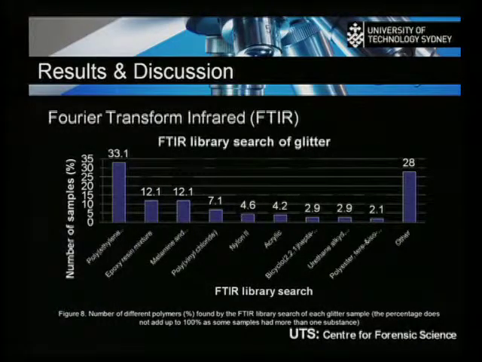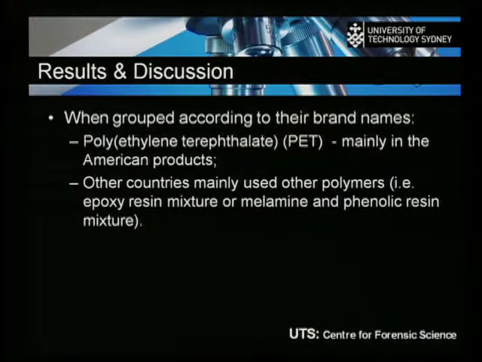And something very useful to know is that we found that PET is mainly found in American products, and other countries use other types of polymers. So again, it could be an interesting indication or piece of information in the case of an investigation.